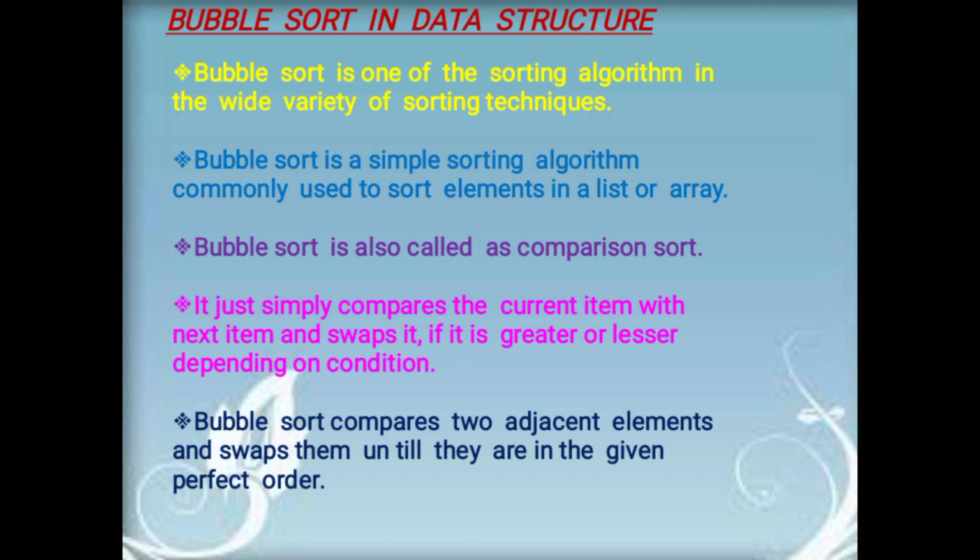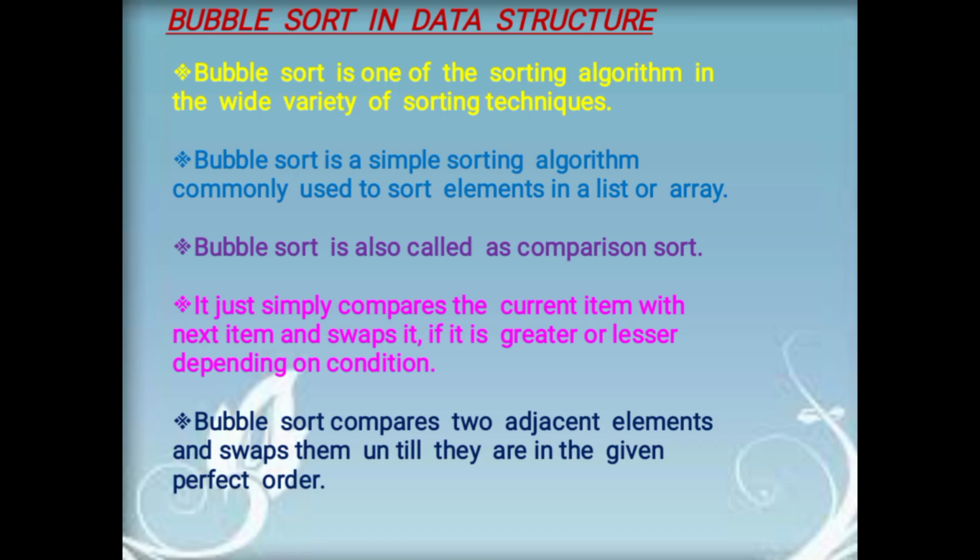Bubble sort is a simple sorting algorithm commonly used to sort elements in a list or array. In comparison to all sorting techniques like merge sort, selection sort, and insertion sort, bubble sort is the easiest.